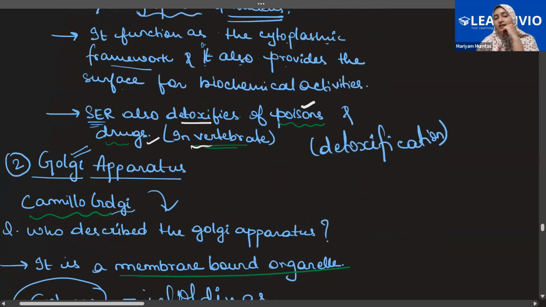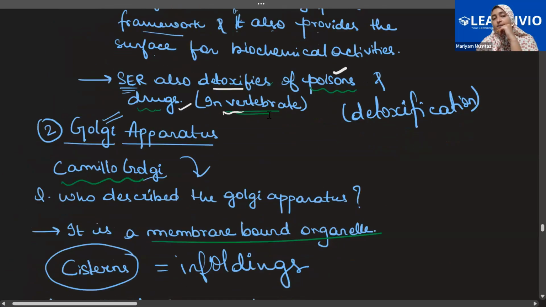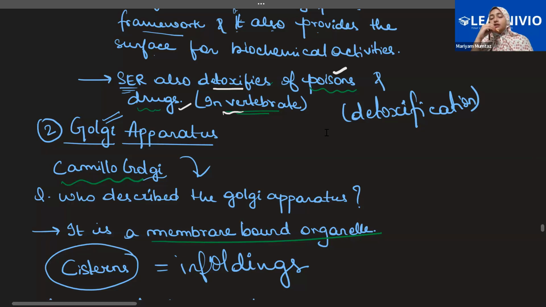Apart from all of that, the smooth endoplasmic reticulum also detoxifies poisons and drugs in the case of vertebrates, meaning getting rid of the toxins from the body. This is for higher organisms, not lower organisms. Does anyone have any doubts up until now? All right, very good.